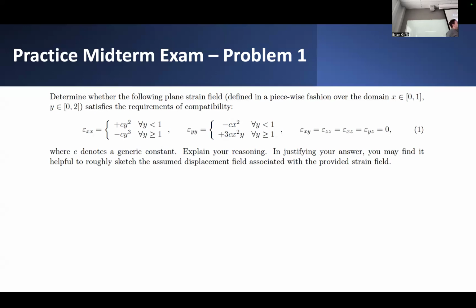All right, so justify, does this plane strain field satisfy compatibility, and explain your reasoning. So this is your opportunity to demonstrate your understanding through words, and that counts for a lot. Even if you fumble different areas of the problem, maybe you can explain your reasoning and your understanding in other ways.